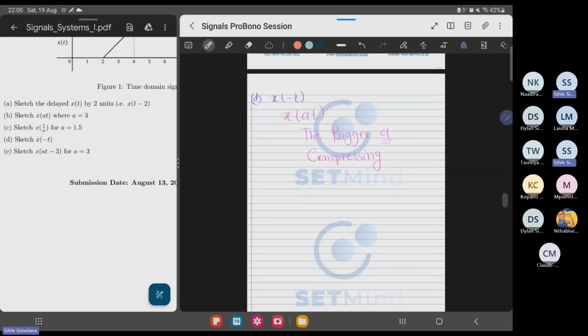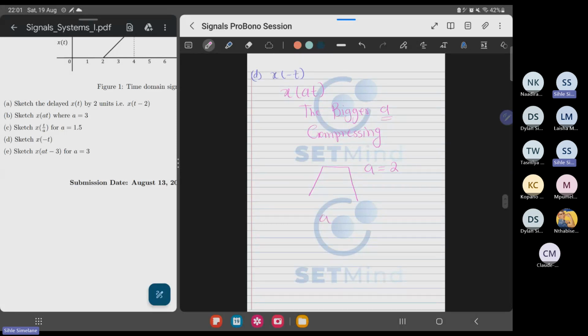Let's say, for example, you have a signal x of t, it is like this at A is 2. When you do A is 0.5, your function could easily be something like this. Okay, I hope this helps.